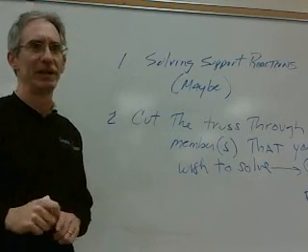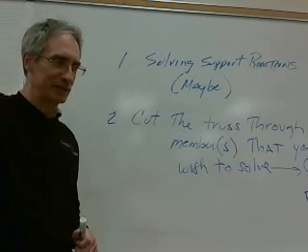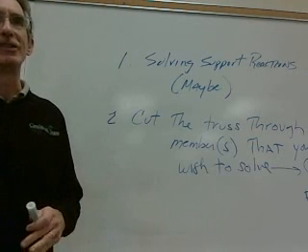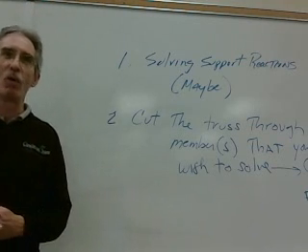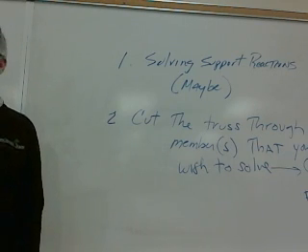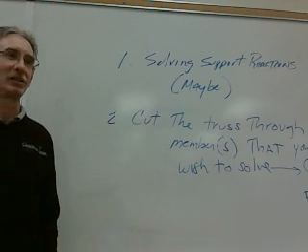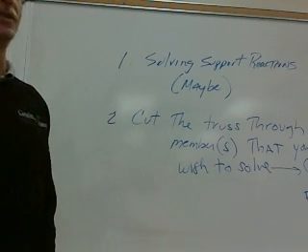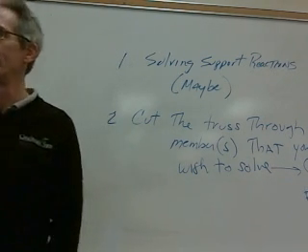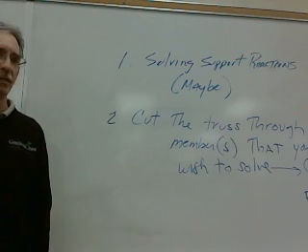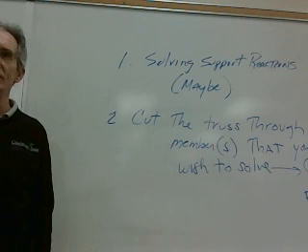Now I'm going to put a little asterisk next to what I've just said here. You probably don't want to cut any more than about 3 members. Okay? Not to say that that's an absolute maximum, but here's what's going to happen. How many equations of equilibrium do you have in a typical two-dimensional problem?